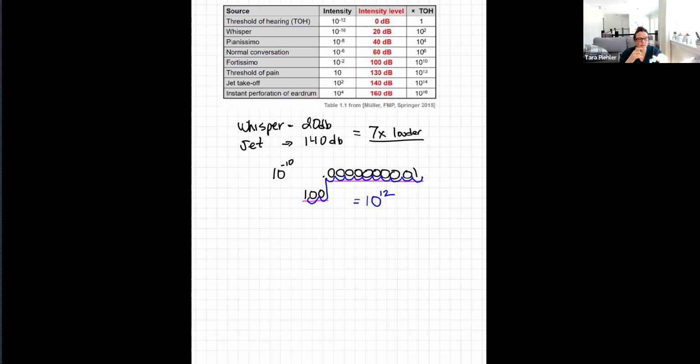Any questions right now about the logarithmic scale? It's pretty easy once you know how to go from the exponential notation to the logarithmic notation. All a log is doing is finding the exponent.